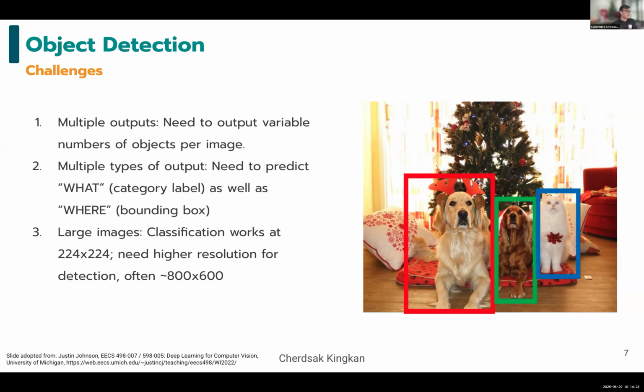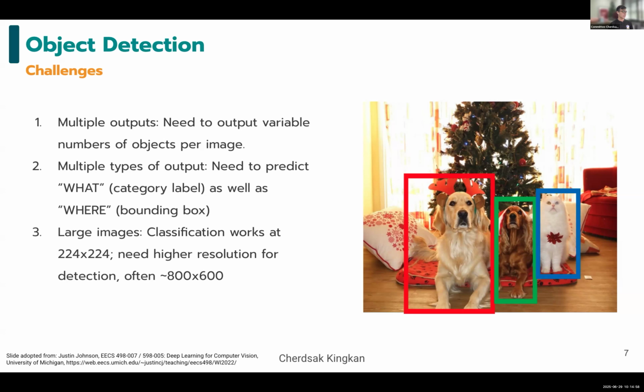And basically, another challenge for object detection is the large image size, since we need to localize the object. A low-resolution image might not give us the best performance that we need, so we might need a higher resolution for the detection task.